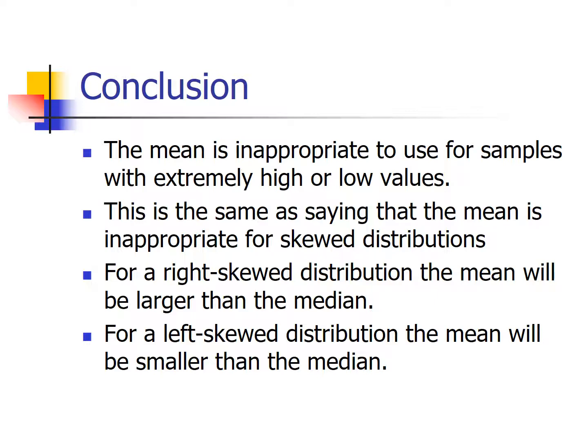Last PowerPoint, we talked about the idea that if you did a histogram of housing prices or housing values in a particular community, they're going to follow a right-skewed distribution. Now, if you're getting ready to buy a home and you're wondering whether you can afford to move into a particular community, you might look at the average housing value or the average housing prices in that community.